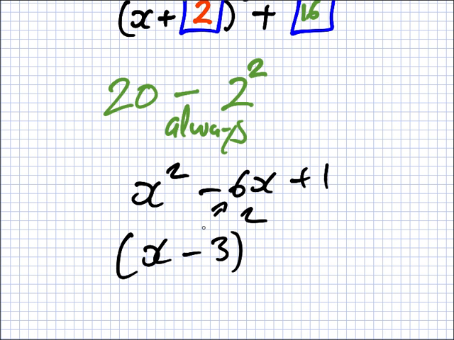Because it's half of the minus 6. Now be careful. At the back, it's 1 minus the square of 3. So 1 minus 9. Yeah? 9 minus 8 equals 1. Well, 1 minus 9. Not minus 9, just 9.